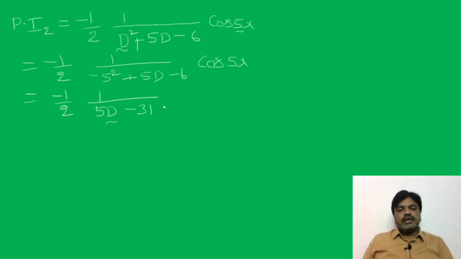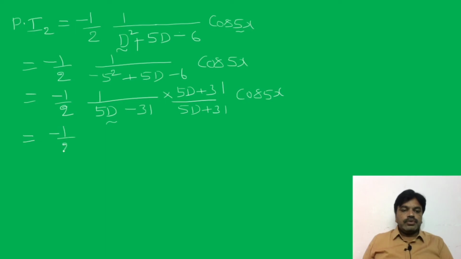Here also I have d, friends, but we want d square, so we rationalize the denominator. What is the rationalizing factor here? 5d plus 31 divided by 5d plus 31 into cos 5x.